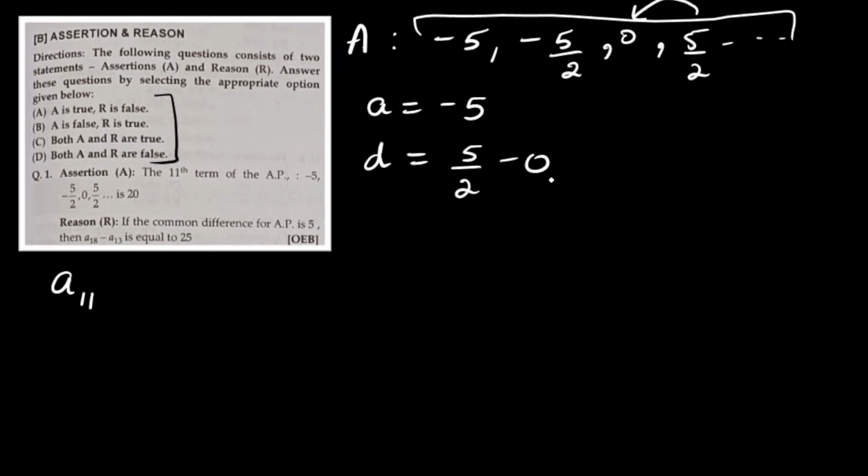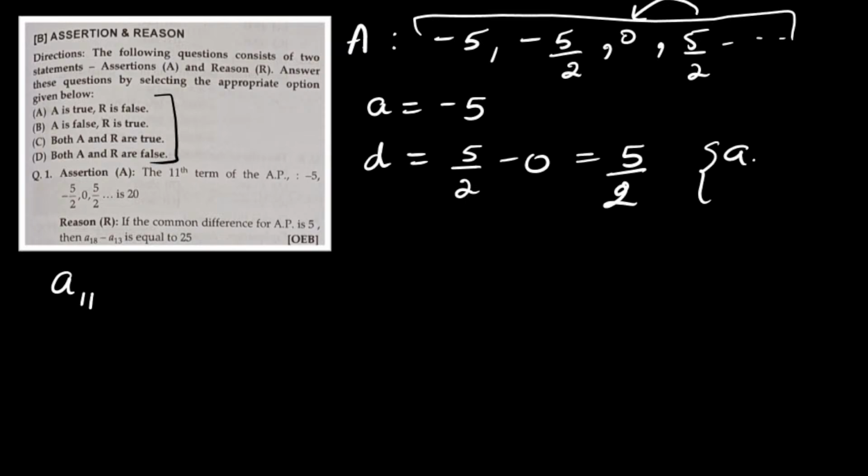So I think the difference is 5 by 2 only. Use the easy one. Here I have used A4 minus A3. Don't get stuck in the calculation. If you do A2 minus A1, again you have to take LCM and do so many things. So save time. Whenever you are finding D from a sequence, go with the easy one.